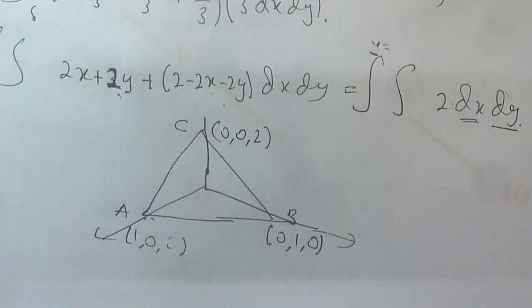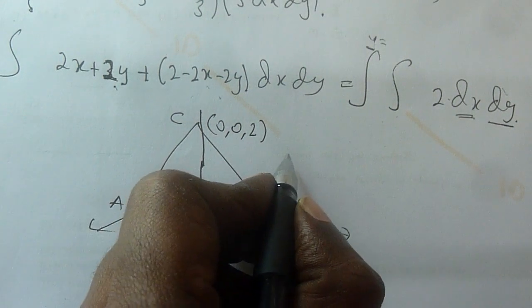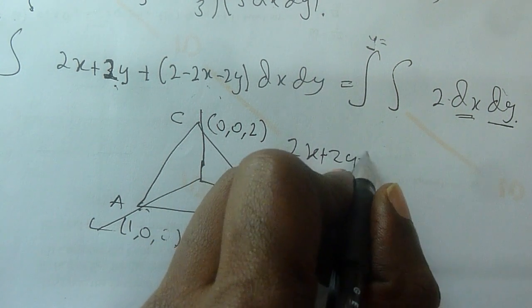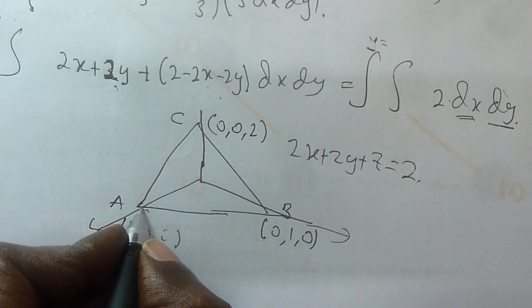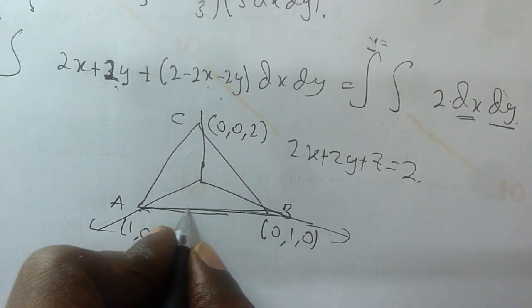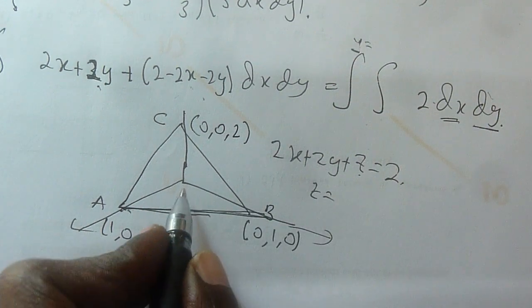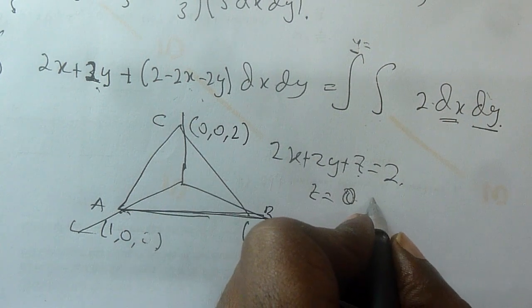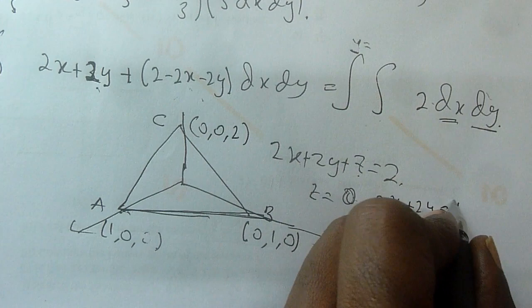Now in this particular case, you must remember we are using 2x plus 2y plus z equals 2, right? I wanted to find out this line alone. When z is 0, I get 2x plus 2y equals 2.